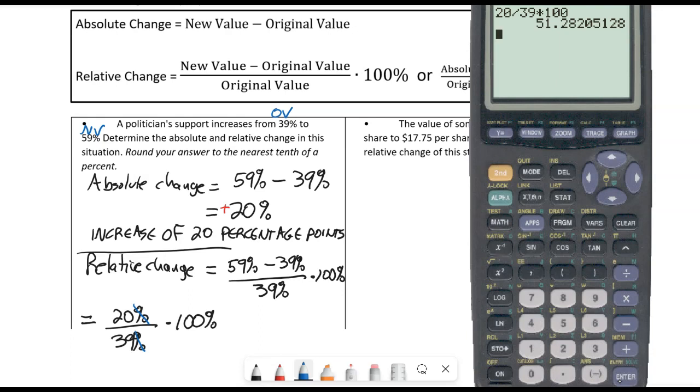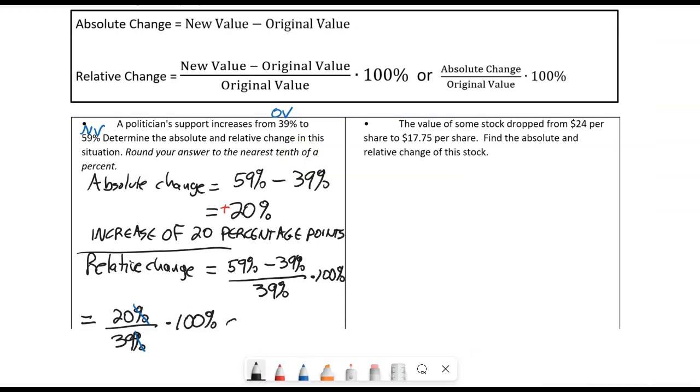Now you need to be looking at the percent before you can round. So we're looking at the 51.28 and we want to go to the nearest tenth. So this is approximately 51.28%.